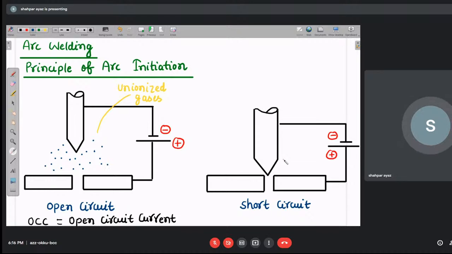Why? Due to short circuit. Due to short circuit, a strong amount of heat is produced, and due to that heat, this medium gets ionized in terms of plus and minus charges. So due to short circuit, the medium gets ionized.